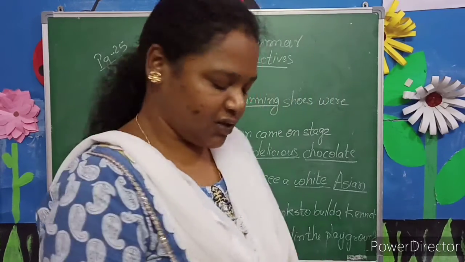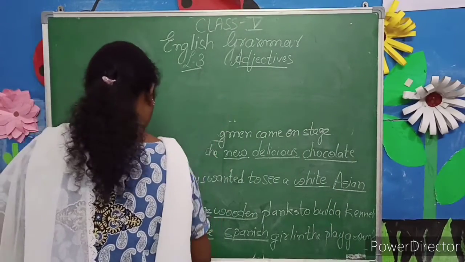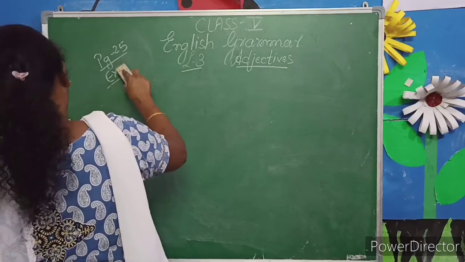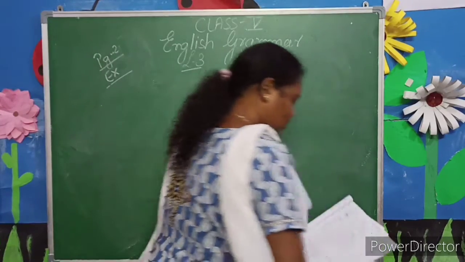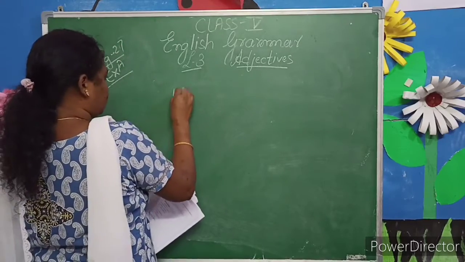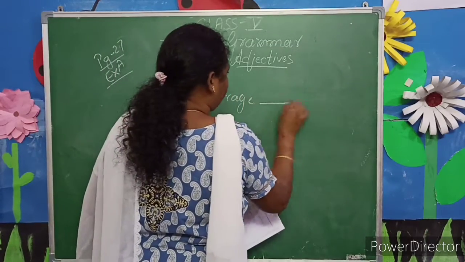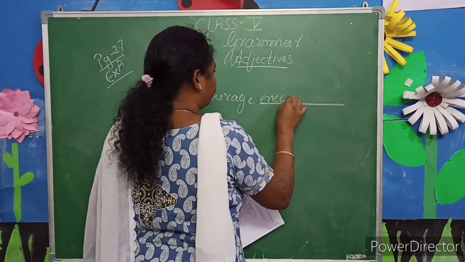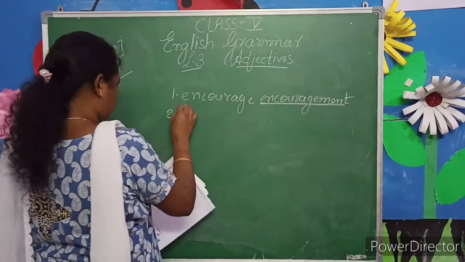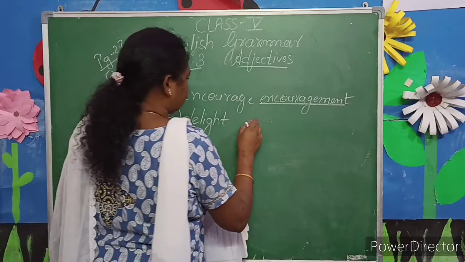Okay, so they have given some words. This is on page number 27, children. Exercise A. First one is encourage. What do we have to add to this word? Encouragement. Delight: delightful.